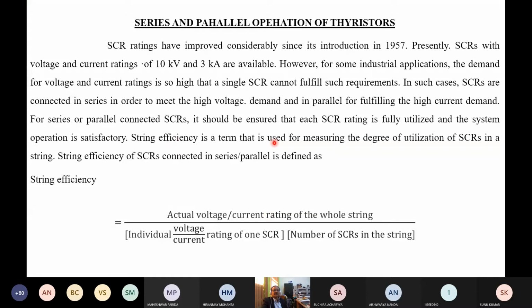So while connecting the devices in series or parallel, it should be ensured that each device rating is properly utilized and the system operates satisfactorily. String efficiency is defined as the ratio of the actual voltage or current rating of the whole string to the individual voltage or current rating of one SCR times the number of SCRs in the string. Okay.